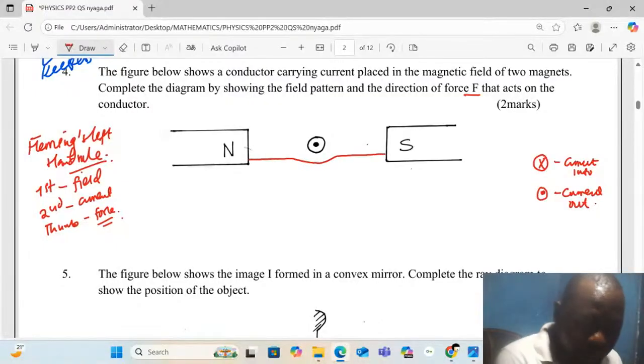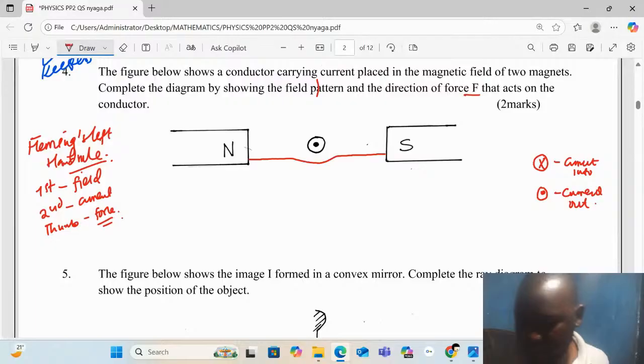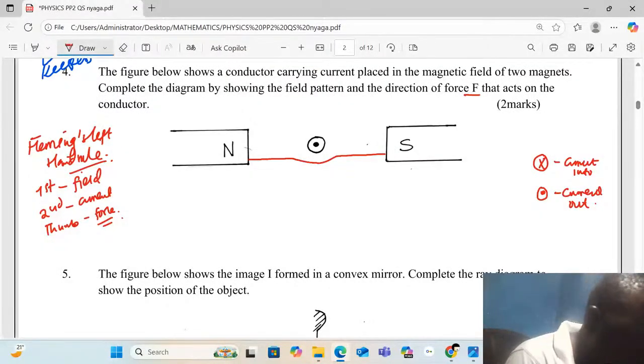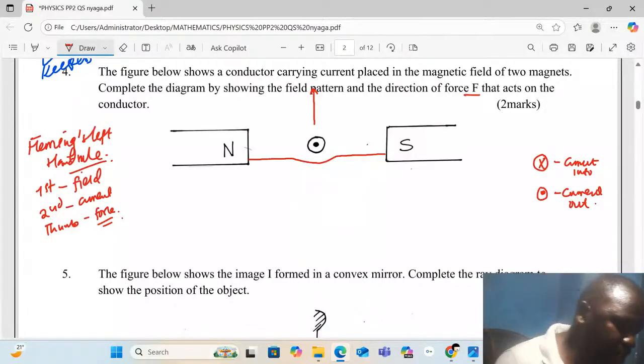And then we have something that we need to note. Since the resultant force will be moving upwards, like this, we need to ask ourselves, from which side are we going to be having a stronger field?